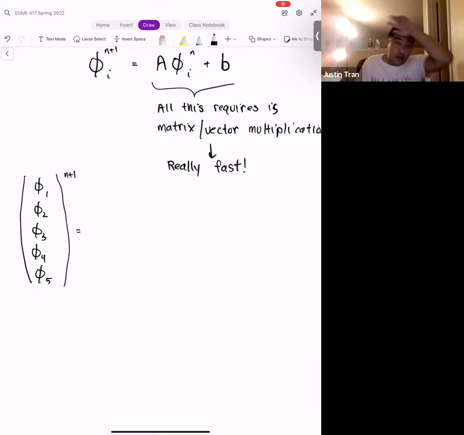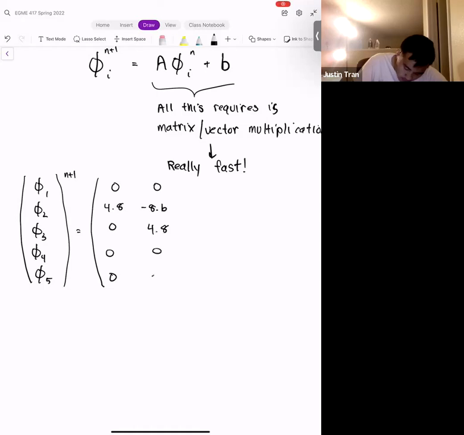Okay. And so on the left-hand side, we have all the phi i's. And on the right-hand side, we have the following. So we have 0, 4.8, 0, 0, 0. And we have 0, minus 8.6, 4.8, 0, 0, then 0, 4.8, minus 8.6, 4.8, 0.